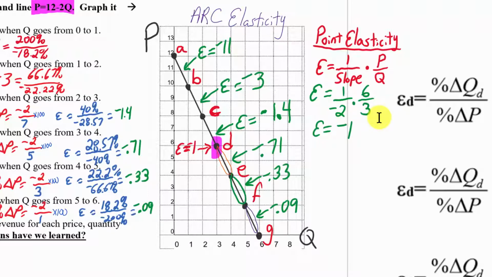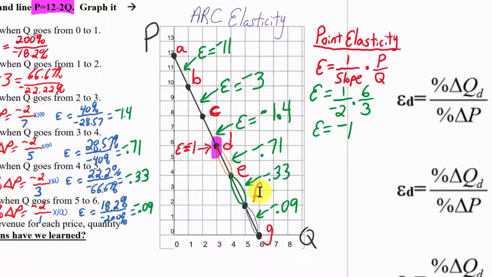So that's an interesting thing. Let me teach you a general relationship here. In general, if you look at that halfway point, right, that's what that point D is. The y-intercept is $12. $6 is exactly halfway down the line. The x-intercept on the quantity axis down here is 6. That point D is halfway over between a quantity of 0 and a quantity of 6.